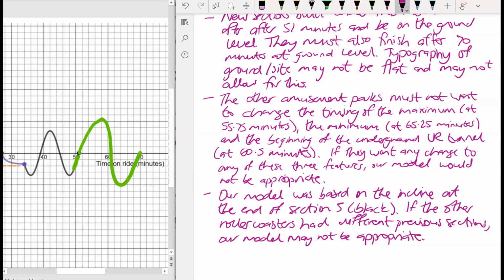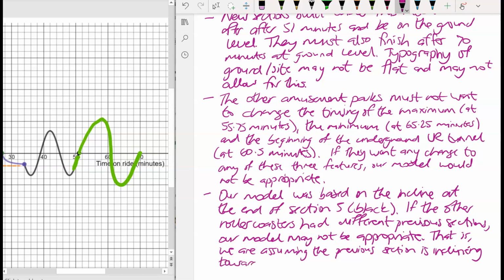That's to say we are assuming the previous section is inclining towards 51, 0.